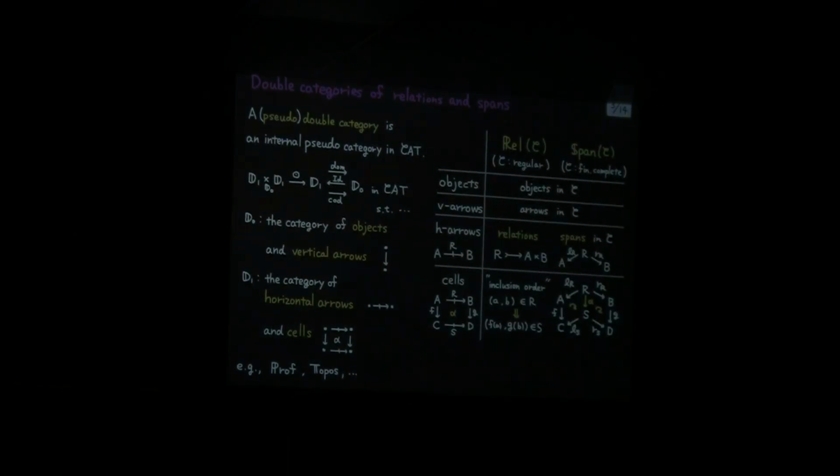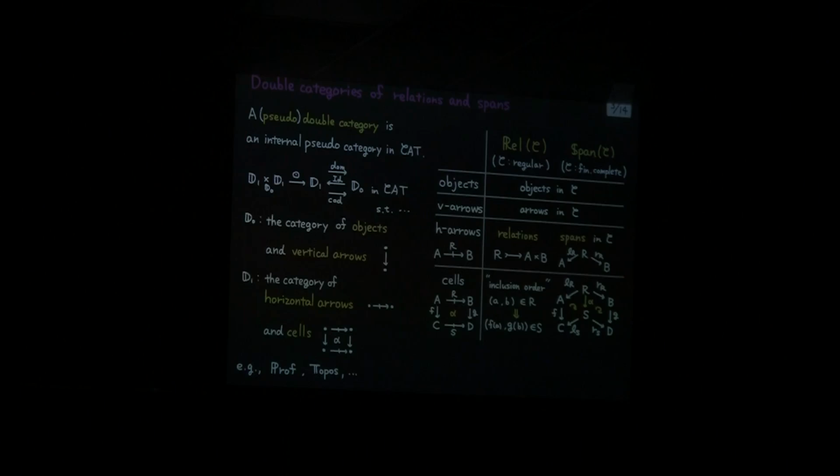The first one is the double category of relations on a regular category. It has the objects of C as its objects, arrows in C as vertical arrows, and relations as horizontal arrows, and the cells are defined using the internal inclusion order in the regular category. The second one is the double category of spans.